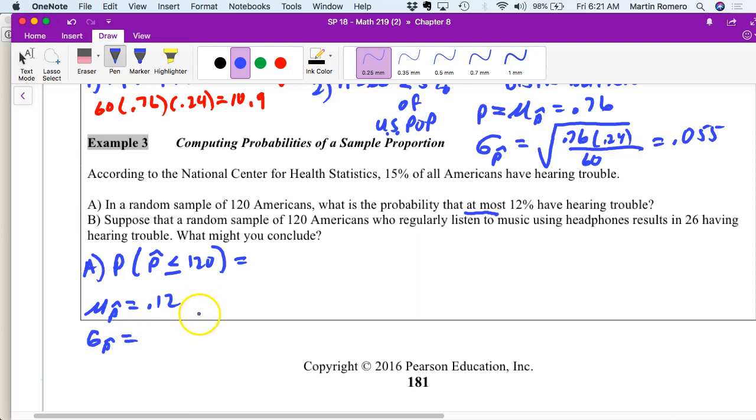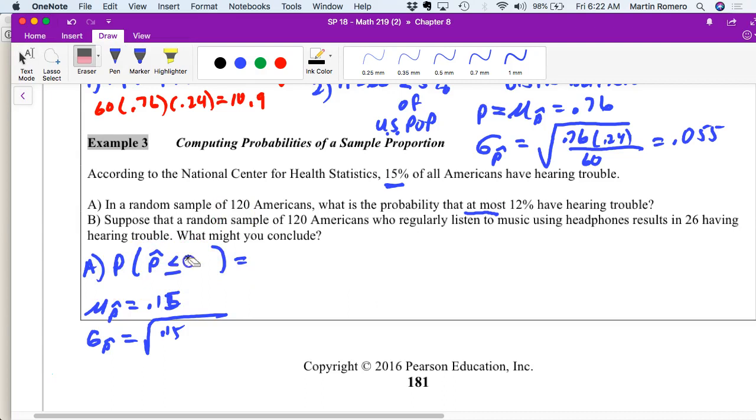The standard deviation of p hat is the square root of... let's repeat that again. This is not 12, this is 15 here. That's our p. And so it's 0.15. And I don't know where I got 120.